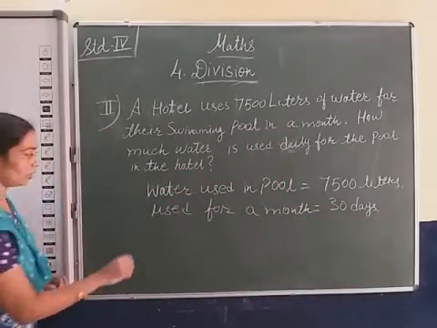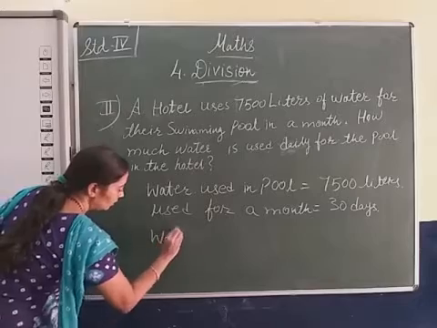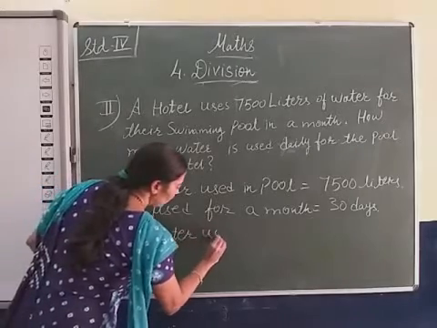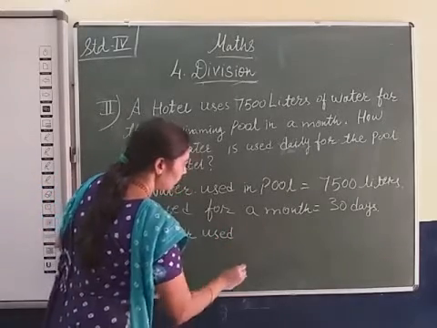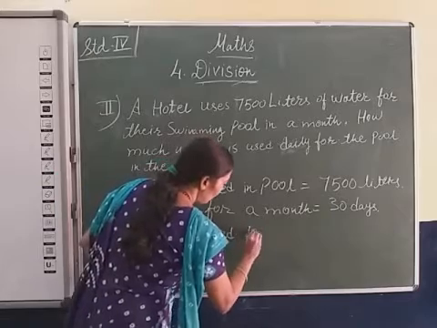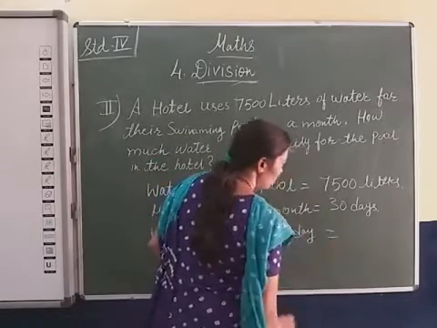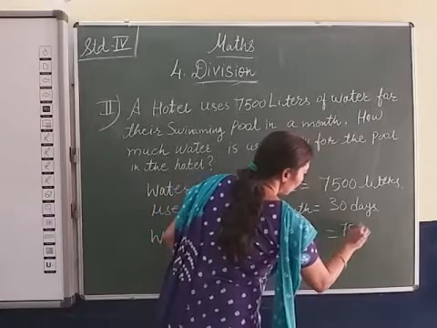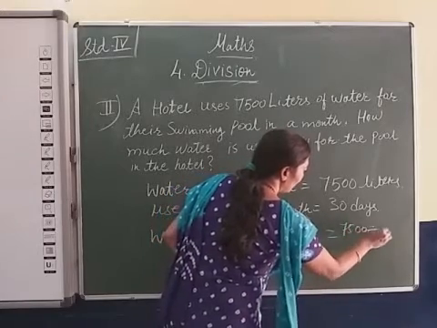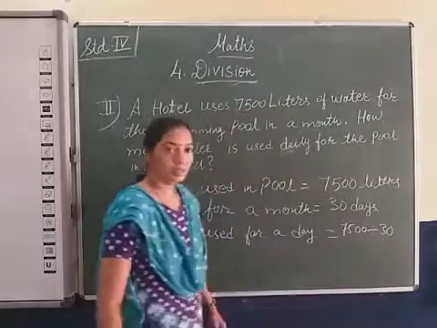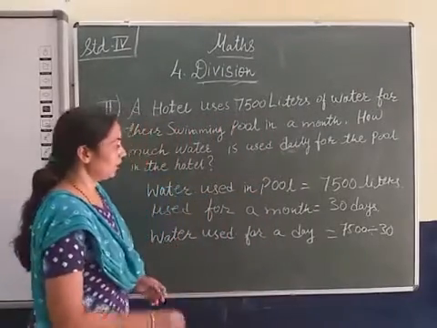Now we find out water used for a day. So 7,500 divided by 30. Okay, let me divide.